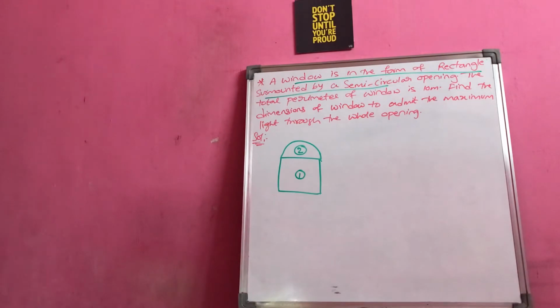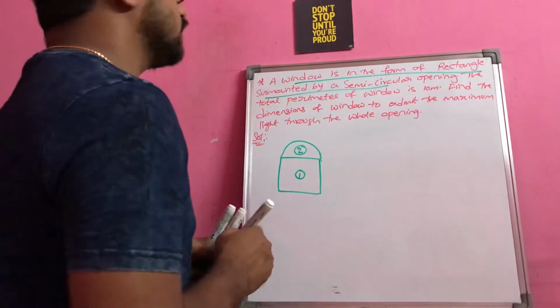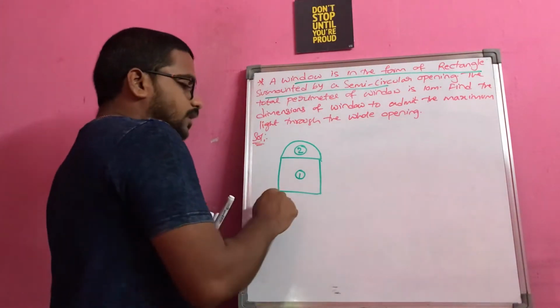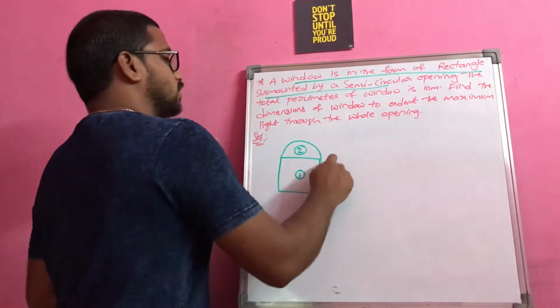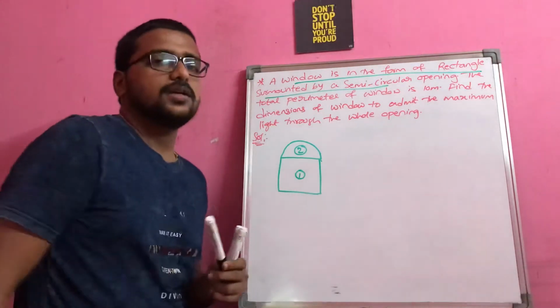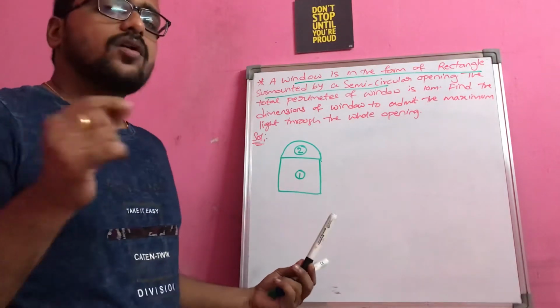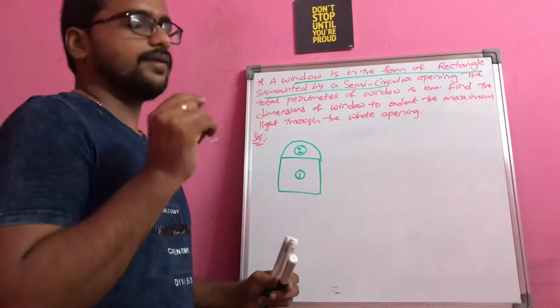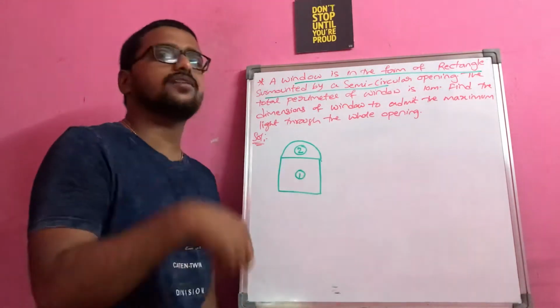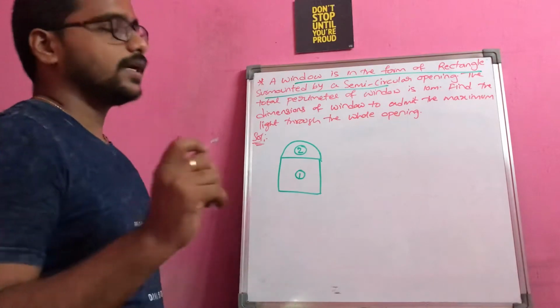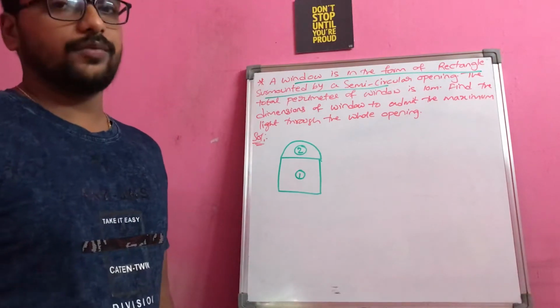Why won't it hold for the perimeter? It's a simple reason. Perimeter is nothing but the distance travelled along the circumference of a particular figure. So when you are on the circumference of a given figure, you are moving only along this border, you are not moving inside the figure, right? So that's why for perimeter it won't happen in that way.